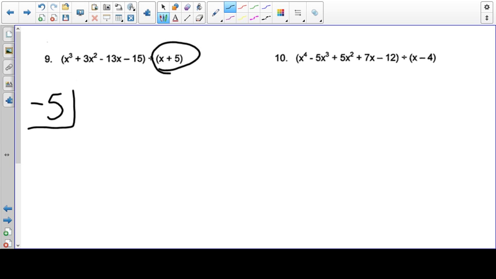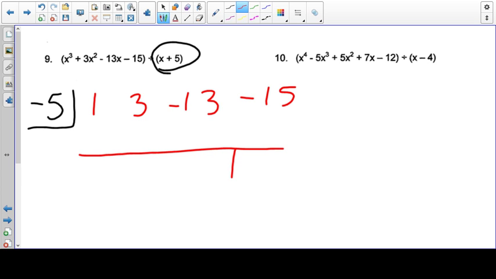Then I'm going to go ahead and take the coefficients of every term. So I have 1, 3, negative 13, and negative 15. Going to bring down that first term. Then I take that 1 times negative 5, and I get negative 5. So I have 3 minus 5, which gives me negative 2.